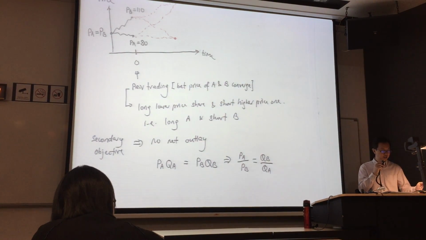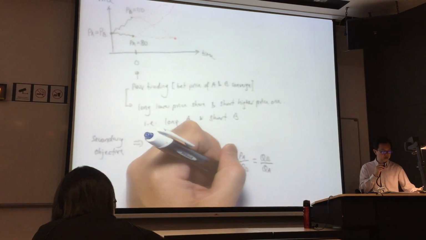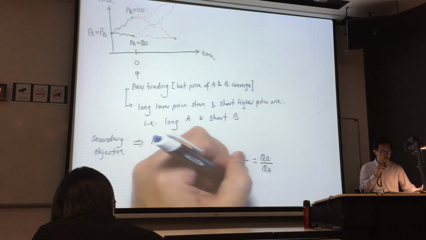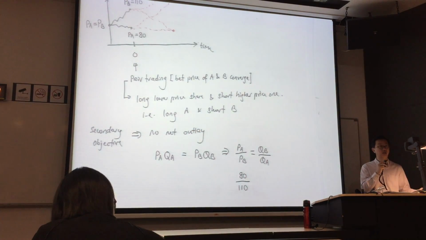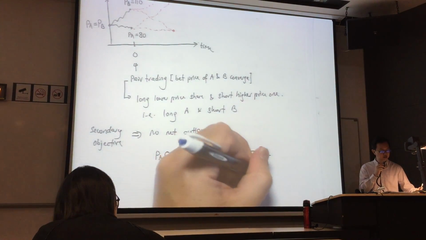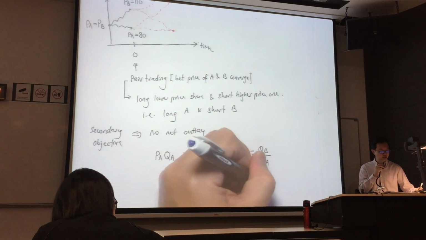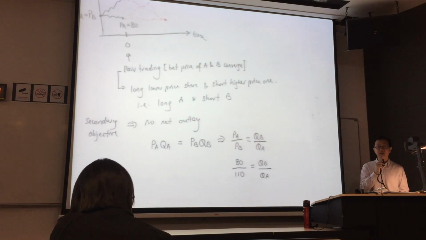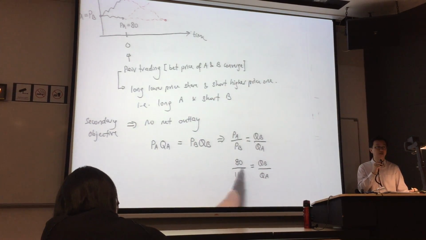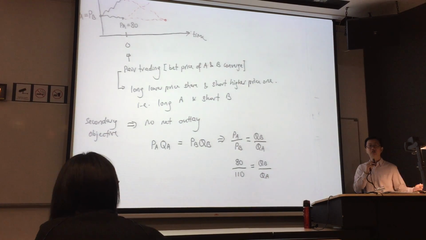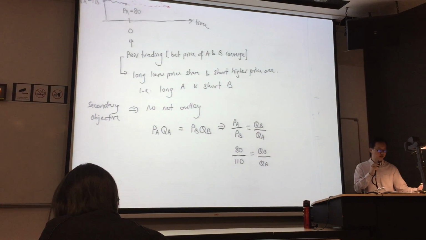Yeah. So in that case, the price of A is 80, B is 110. So this gives you the idea of what is the amount to short in B and the amount to long in A. So this means you will have to short 80 units of B and buy 110 units of A, so that there is no net outlay. You understand now?